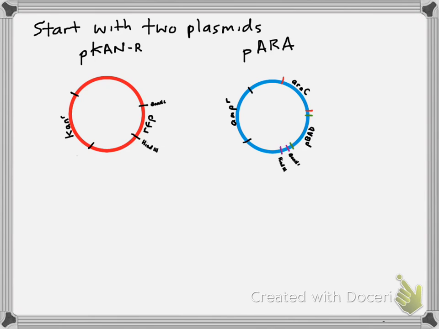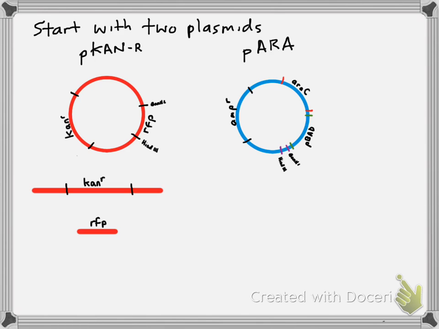And what we end up with when we digest these two plasmids in their separate tubes with the restriction enzymes is this. Okay, what happens is the two restriction enzymes cut on either end of the RFP gene, and so we get one long piece that contains the kanamycin resistance gene, and then a smaller piece that contains the red fluorescent protein.